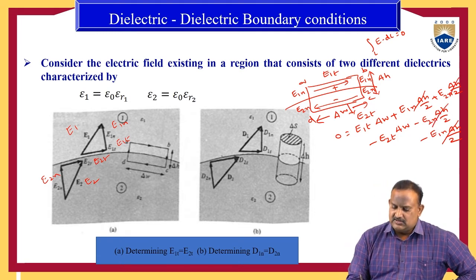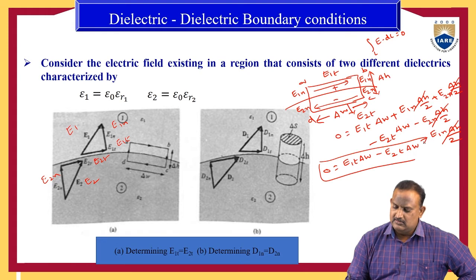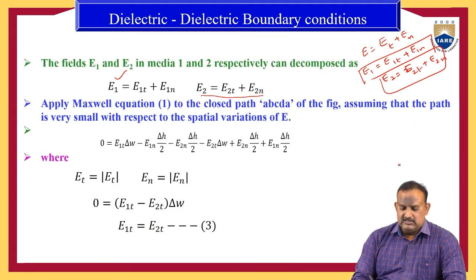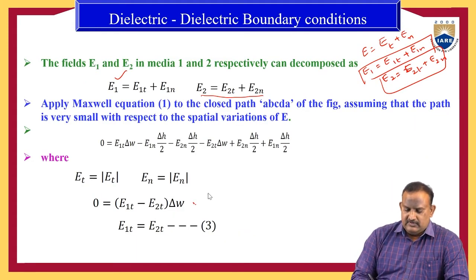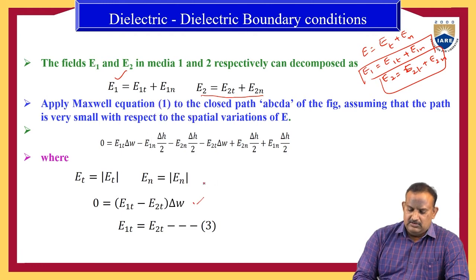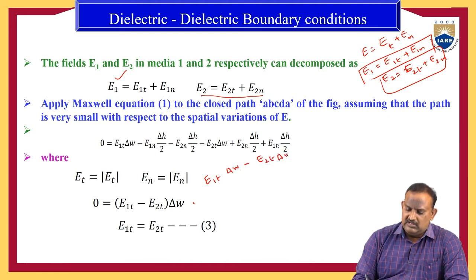After the cancellation, 0 is equal to E1t into delta W minus E2t into delta W. So I have the equation E1t into delta W minus E2t into delta W is equal to 0.